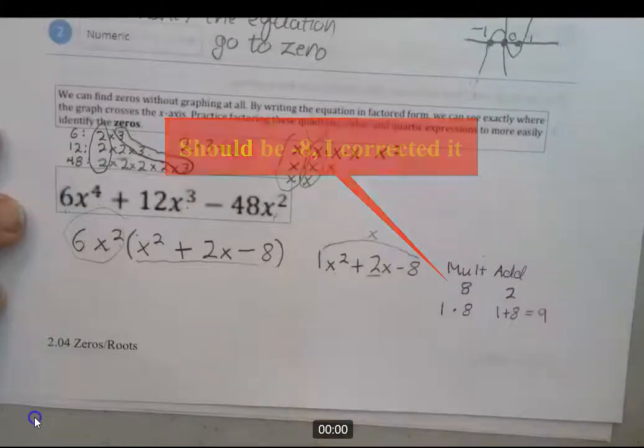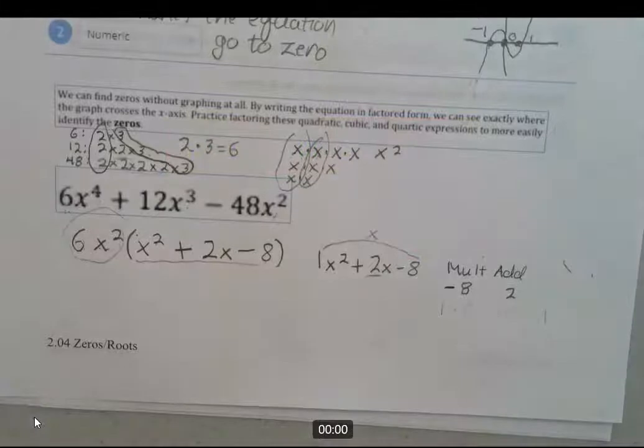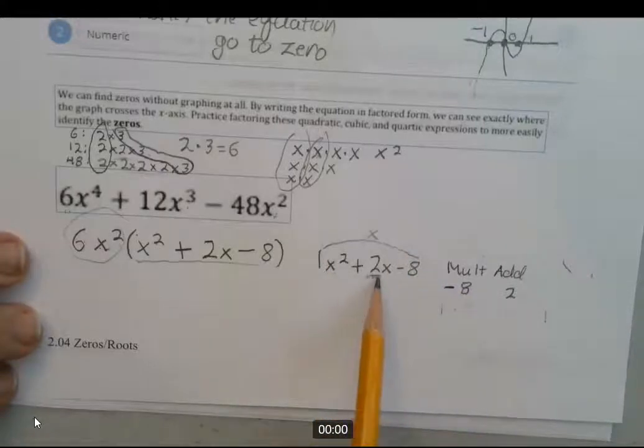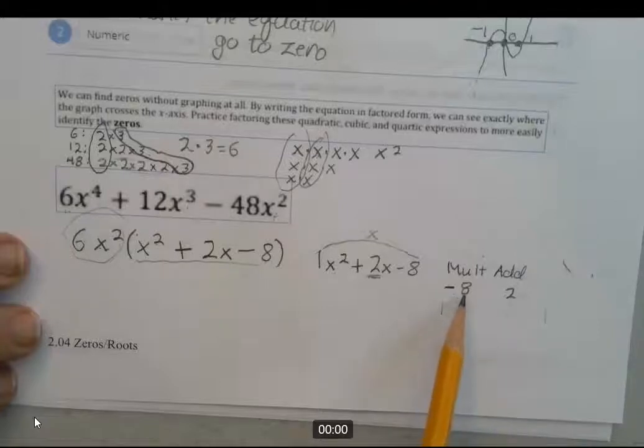2. Okay, so the grand product is 1 times negative 8, which is negative 8. And they have to add up to a 2. So they have to multiply to the grand product, and they have to add to 2. All right, so they have to multiply to a negative number. That means one of them has to be negative and one of them has to be positive.